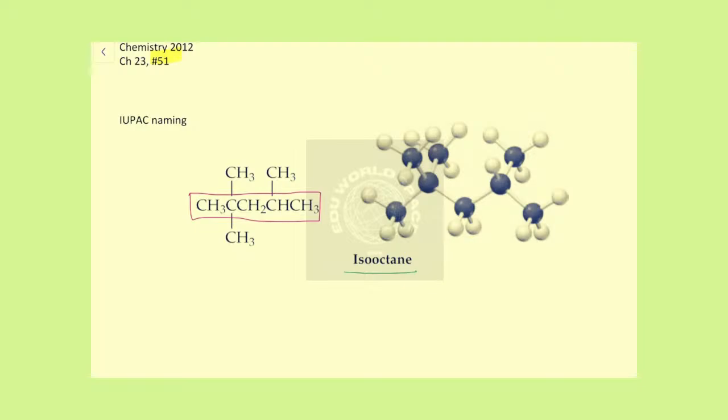But as you see, if we follow the green numbering, if we count from the left, once we hit carbon 2, we have 2 groups attached to it, as compared to when we count from the right side, when we hit our first branch point, we only have 1 group attached to it. So counting from the left side would be our priority. And I'll explain a little bit more of that as we go.